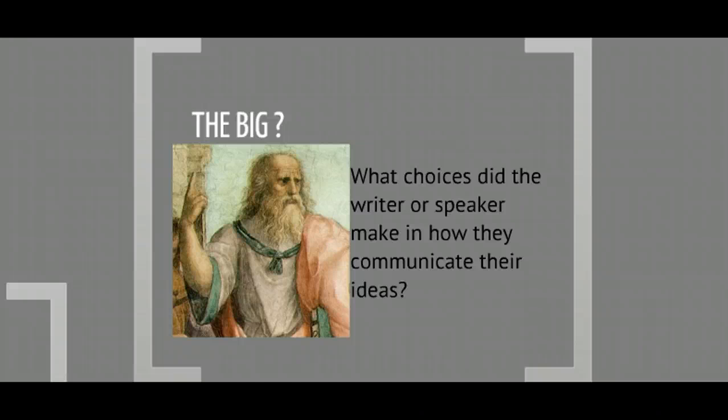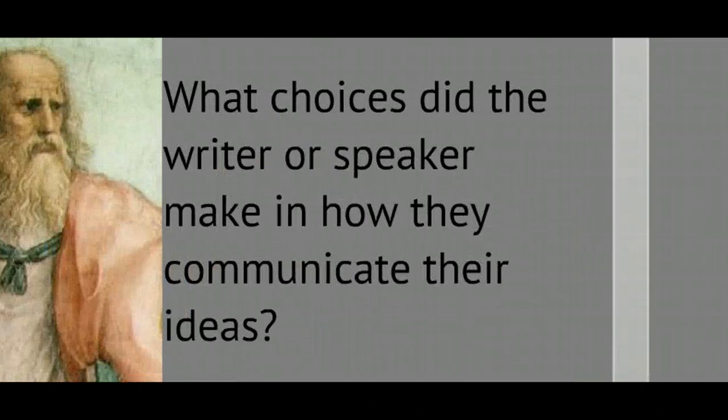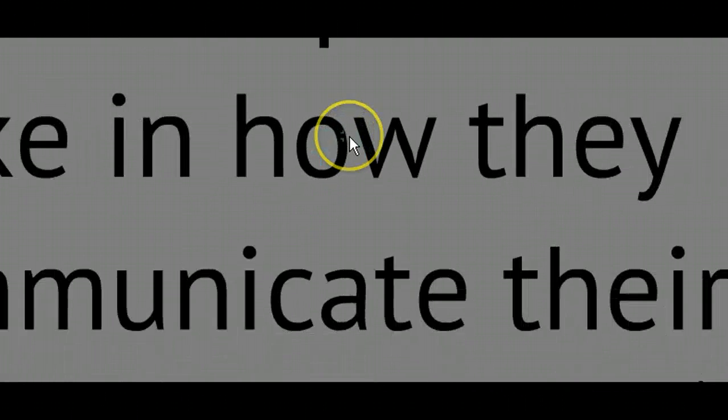So basically, when you write a rhetorical analysis, the big question that you're asking yourself and that you're trying to answer with your essay is, what choices did the speaker or writer make in how they communicate their ideas? And the key word there is how they communicate their ideas.